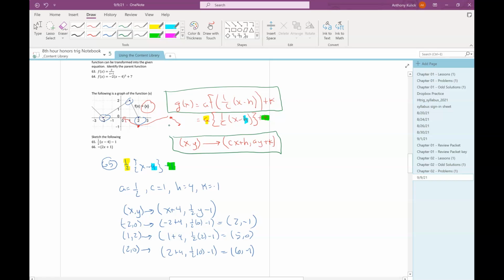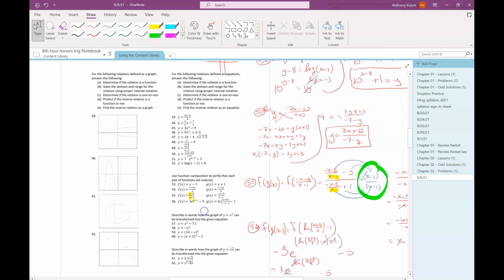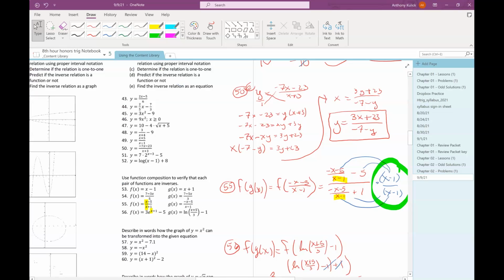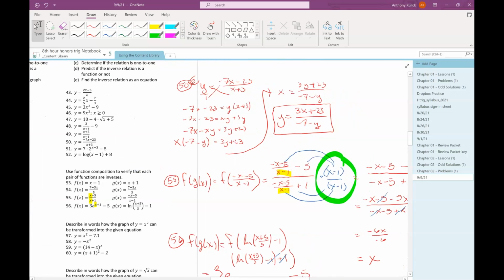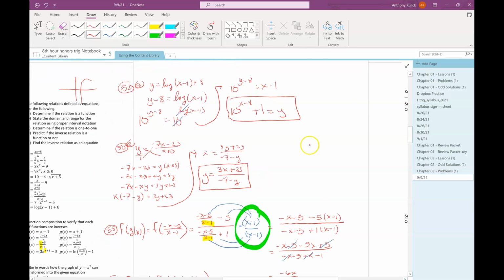All right. The range for 51? Yeah. Okay. So the domain we found was all real numbers, right? 51b.